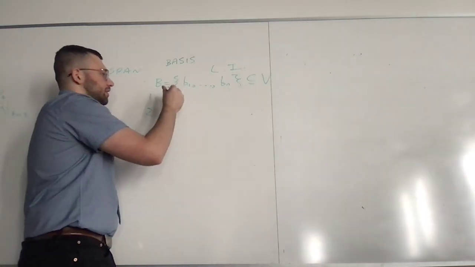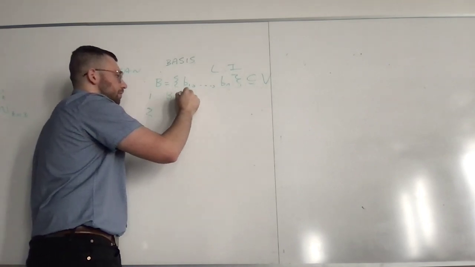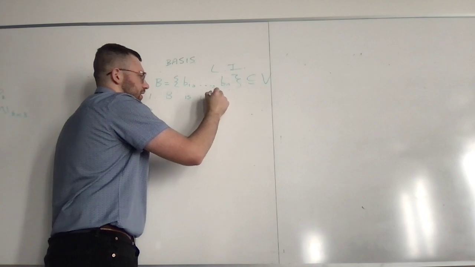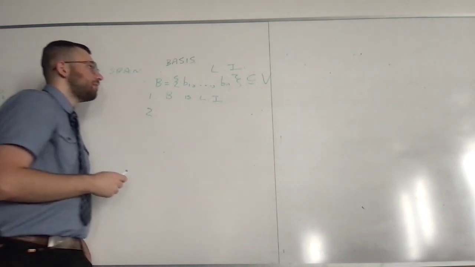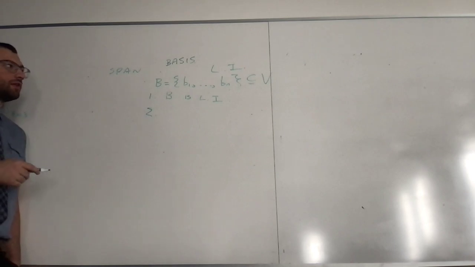For a set to be called a basis, it needs to meet two conditions. The first is that B needs to be linearly independent. We talked about how to find linear independence last week.